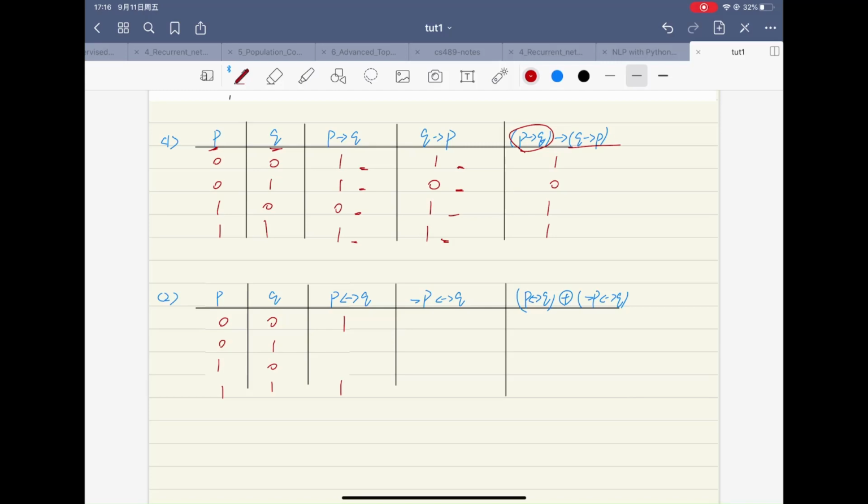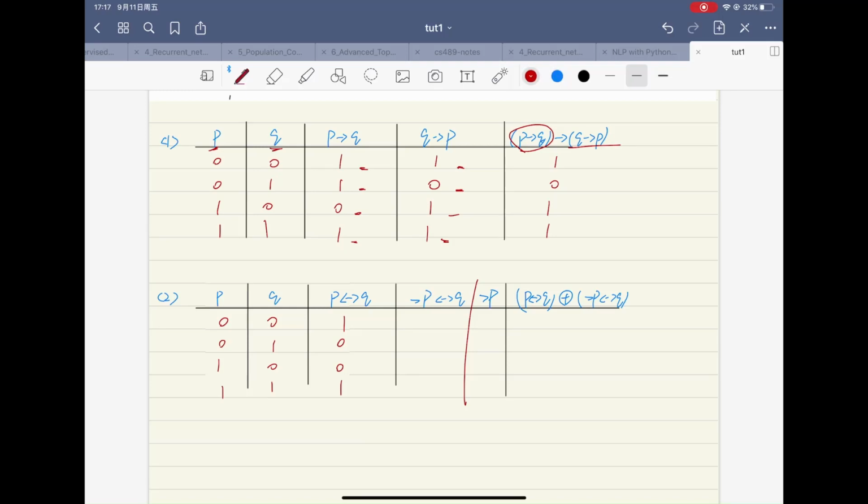The false is true, true is true. Otherwise, it will be false. And okay, I think we need one column for the not P, right?